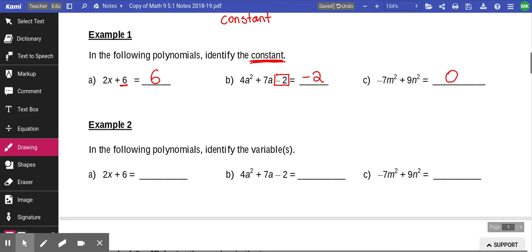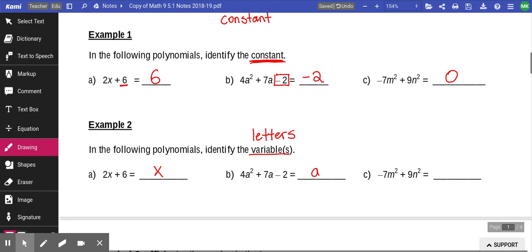Awesome. In the question below, we're going to figure out what the variables are. The variables means the letters. So in the first question, I have a variable of x. It's the only letter in the question. In the second question, my variable is a.